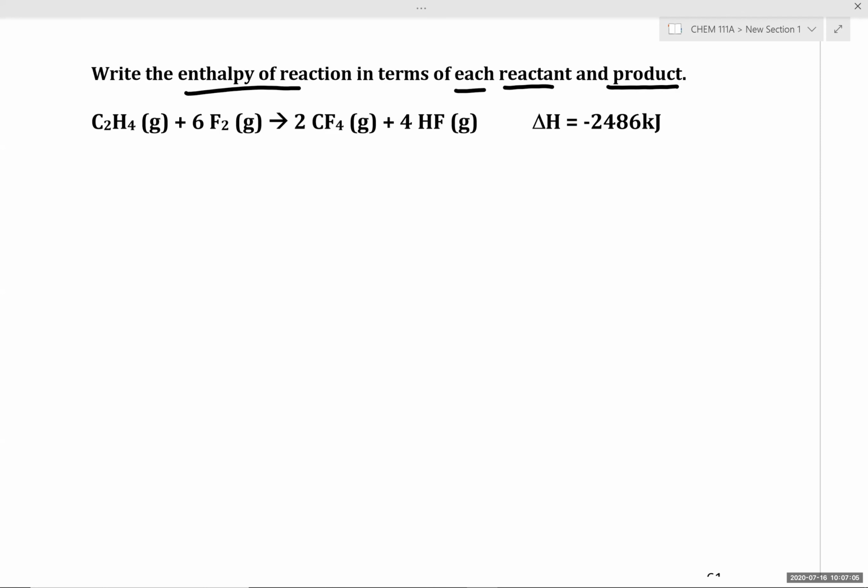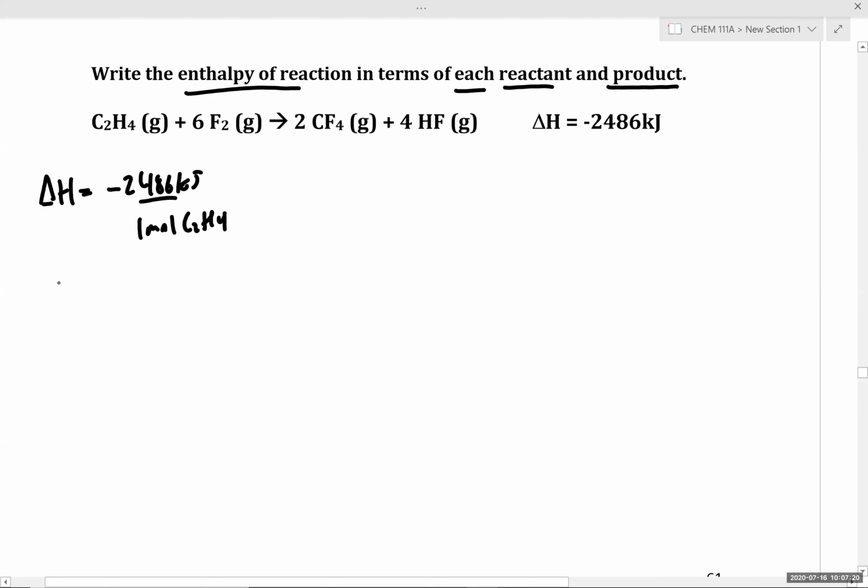Okay, so let's look at this example. The enthalpy with respect to C2H4 would be negative 2,486 kilojoules for every 1 mole of C2H4.